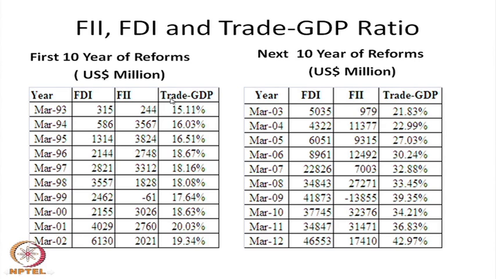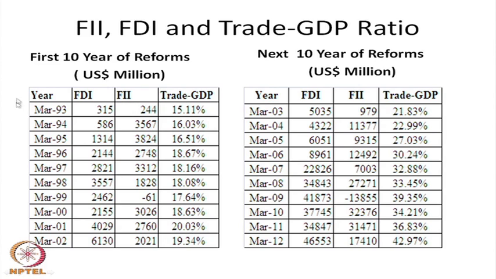Similarly, FII investment, that is portfolio investment in the bond and equity market, also increased significantly over the years. There may be some fluctuation because of inherent problems in the domestic economy during that phase, and world recessions were also there. However, there has been a significant increase from 92-93 to 2001-2, and the trade-GDP ratio increased significantly during the ten years.